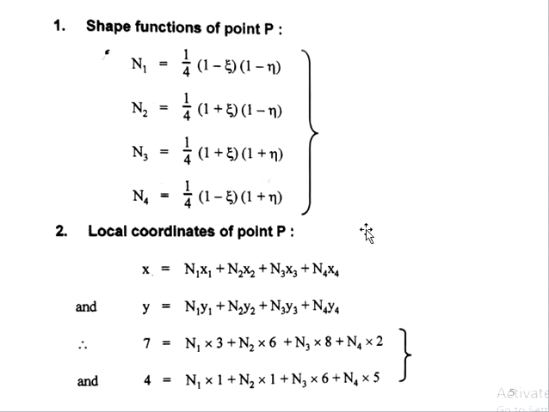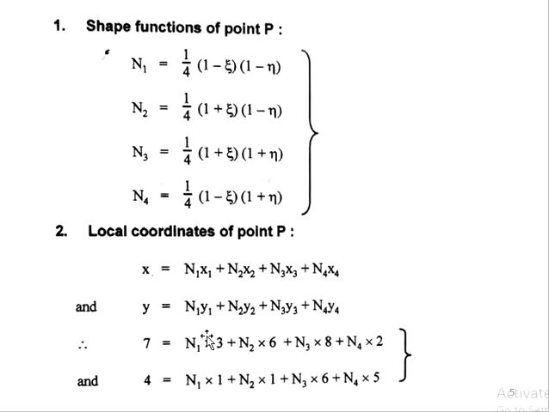So the local coordinate of point P, or we can say Q. So x in terms of shape functions is N1 x1 plus N2 x2 plus N3 x3 plus N4 x4. Similarly for y, this x and y for point P, y equals N1 y1 plus N2 y2 plus N3 y3 plus N4 y4.